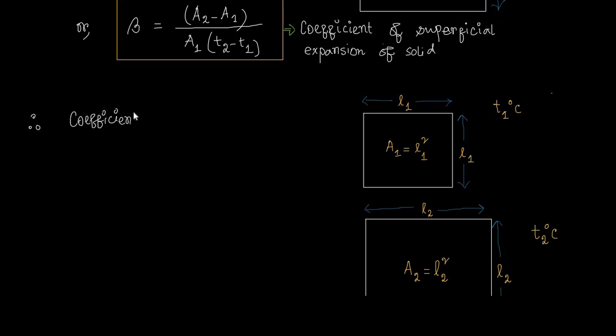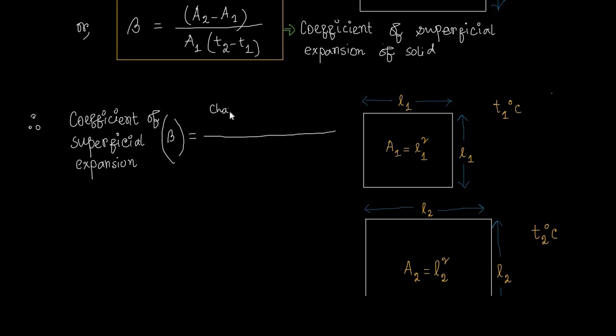Therefore, in words we can write the coefficient of superficial expansion, beta, is equal to the change in area of the square plate, A2 minus A1, divided by the initial area A1 into the change in temperature, T2 minus T1.